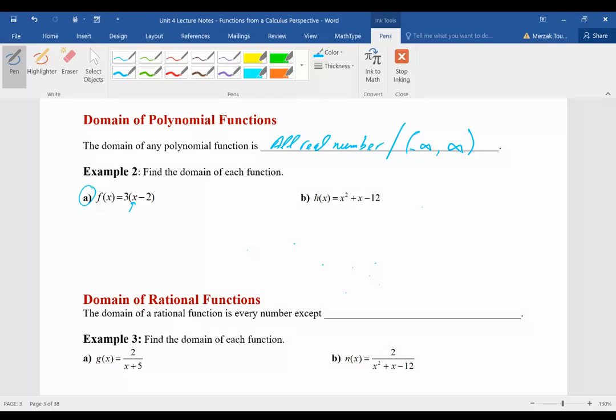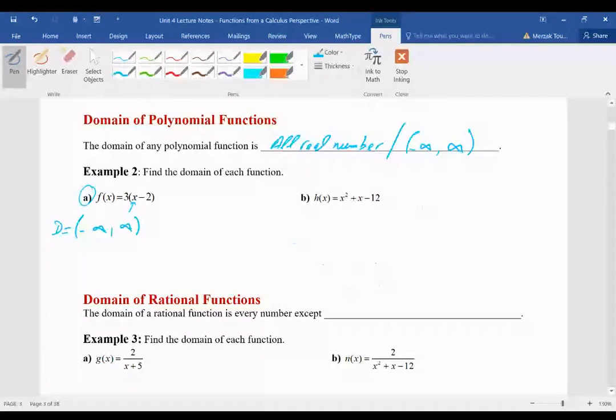So the function processes the domain and produces a range. Input, function, output. So this function, you can process any number. So therefore, the domain would be all real numbers. So D equals negative infinity, positive infinity.